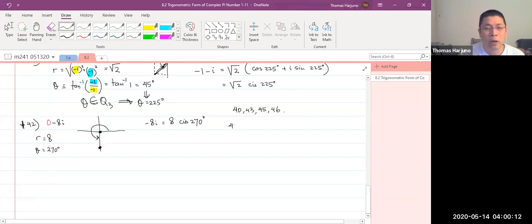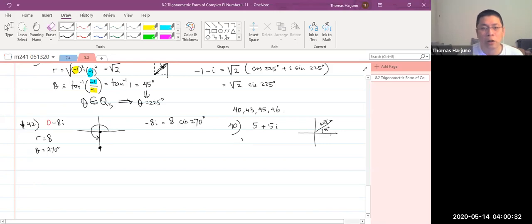Number 40. Sometimes you sketch that, you can see that right away. 5 plus 5i. The position is 5 to the right, 5 up. So it must be 45 degrees, right? And the length must be 5 radical 2.